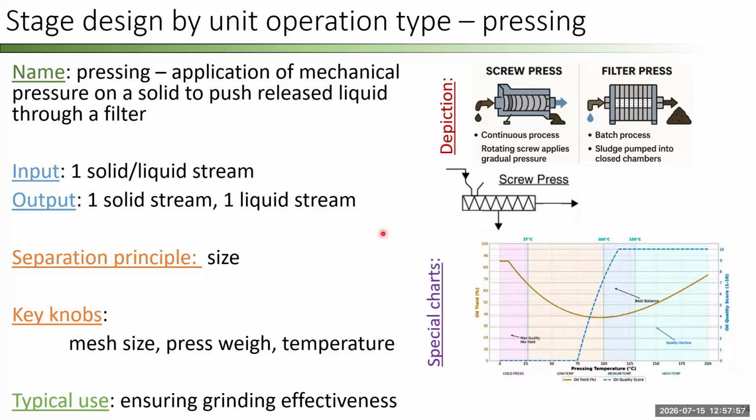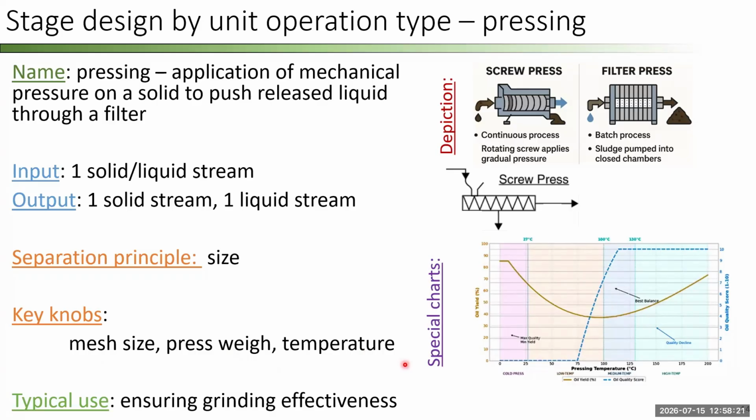Okay. So in addition to having our mesh size as a key knob that we can work on, we can change things like the amount of force that I'm pushing on there, so the effective weight. And then often I actually do an elevated temperature.